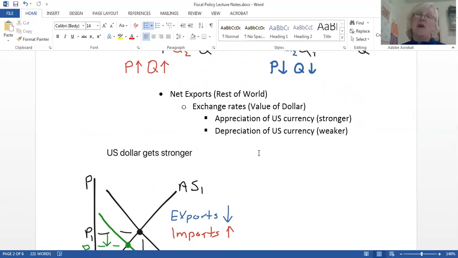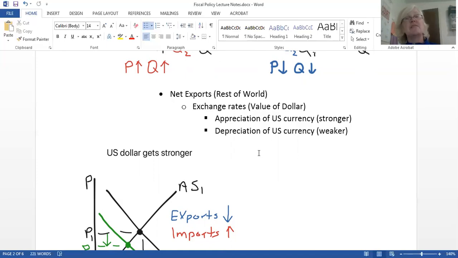One of the things that can affect that is the value of our currency relative to another currency. So the exchange rate. And when we talk about the exchange rate, there's a whole bunch of them. We have the exchange rate with the Canadian dollar, the British pound, the euro, the Japanese yen, the Chinese yuan. There's all kinds of different exchange rates. But think about our major trading partners, the Mexican peso, for example, okay?